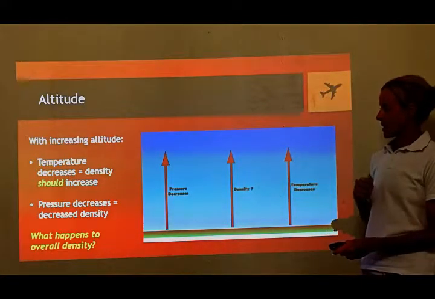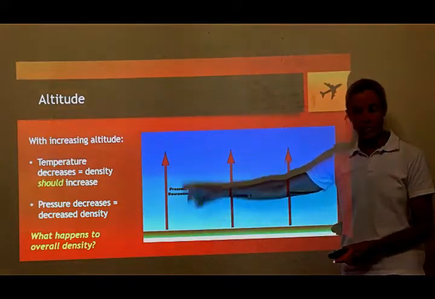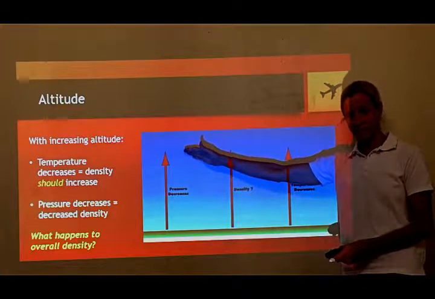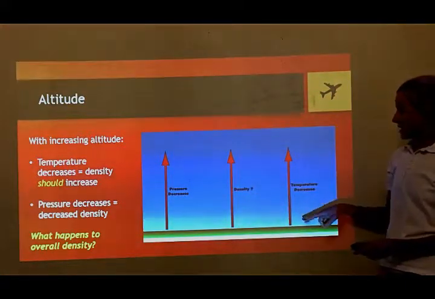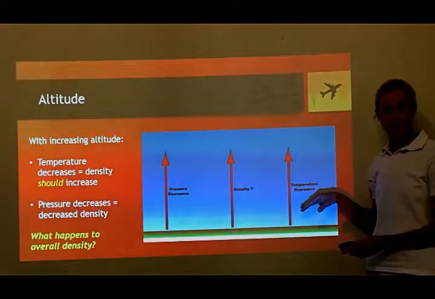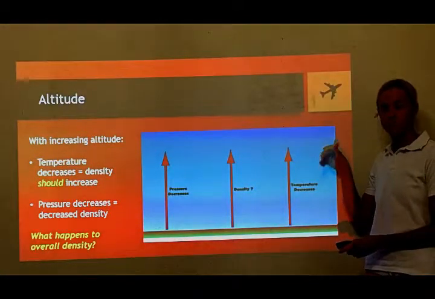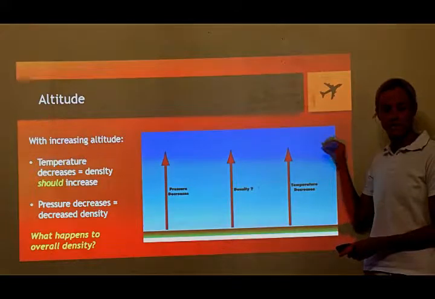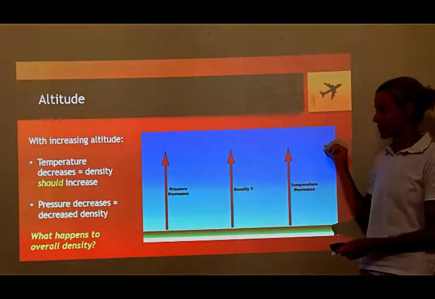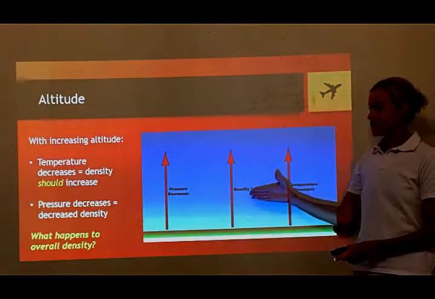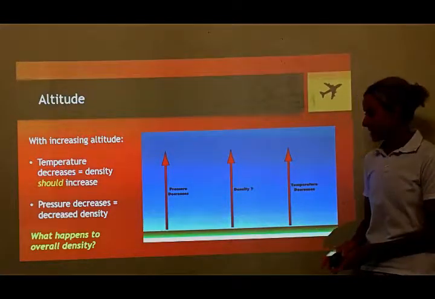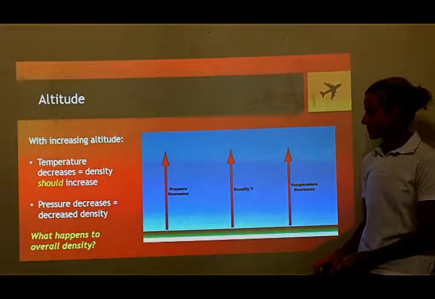So now we have a contradiction, because with pressure our density decreases with altitude, whereas with temperature, which decreases the higher up we go, theoretically our density should be increasing the higher up we go. So what actually happens to the overall density if this is what is occurring?